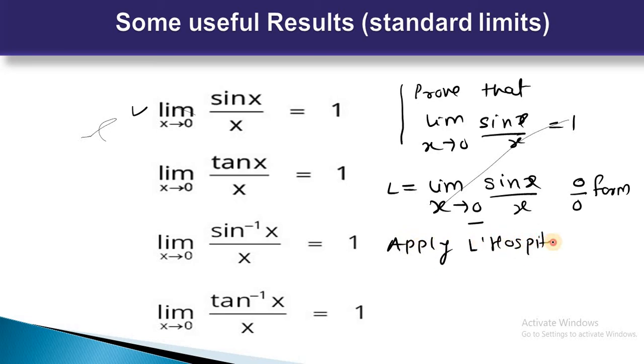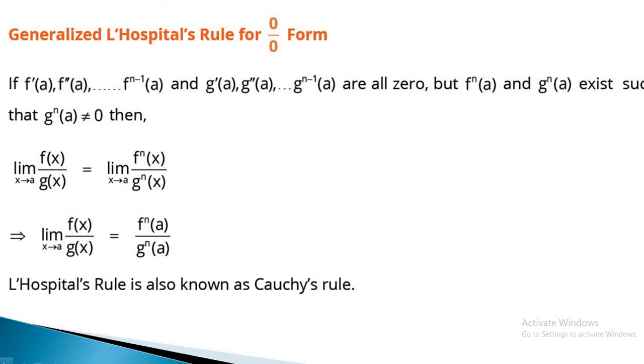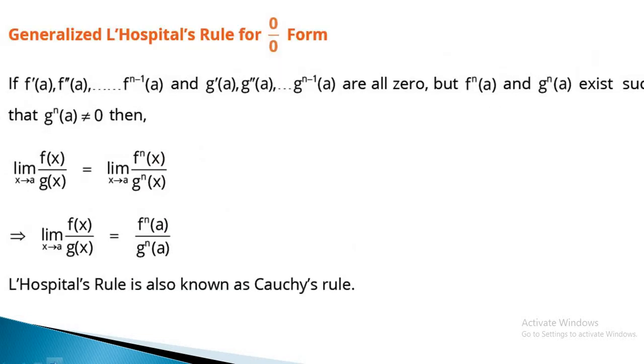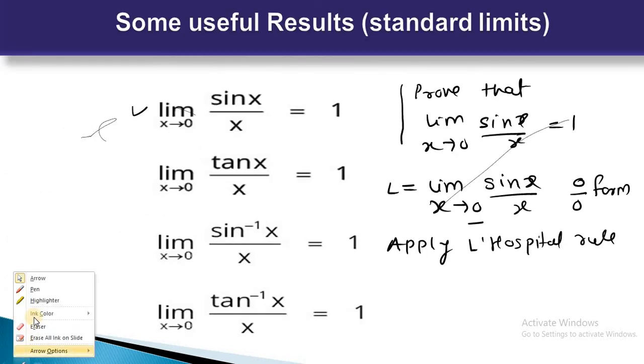We saw in the previous slide that L'Hospital rule says, if the limit of f of x upon g of x is a 0 by 0 form, then the limit of f of x upon g of x is the limit of f dash of x upon g dash of x.